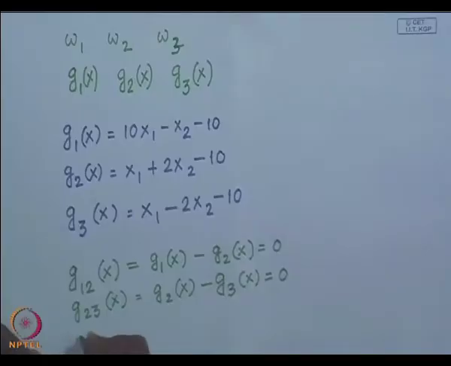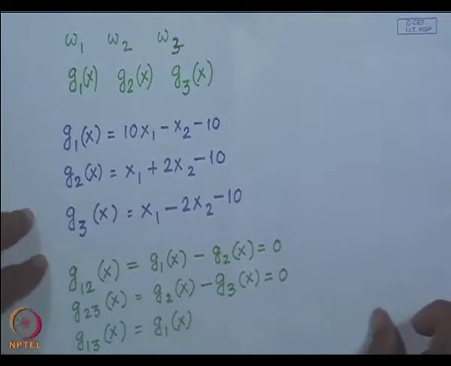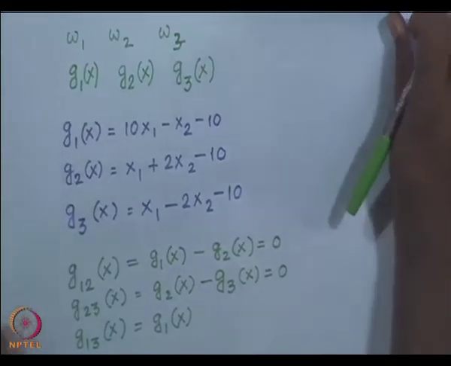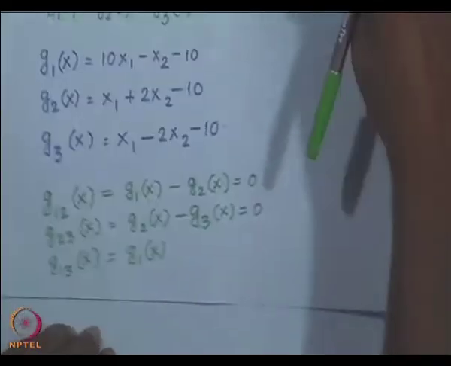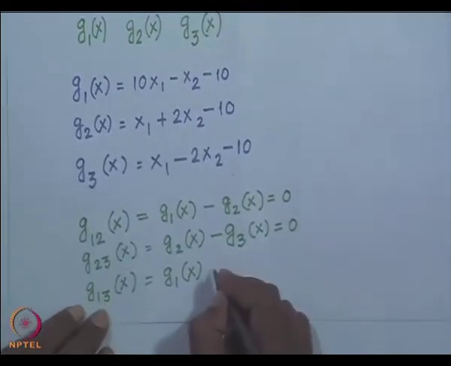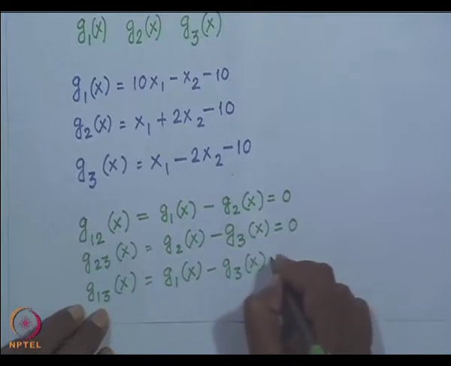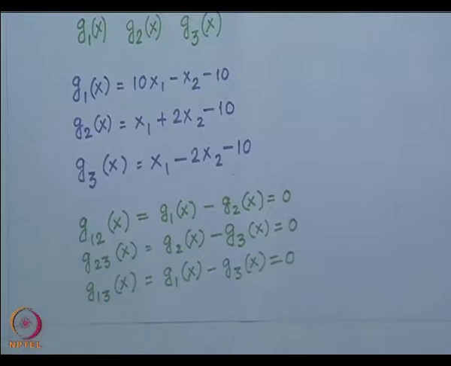Similarly, I will compute g13x, which is nothing but g1x minus g3x, and by equating this to 0, I get the decision boundary between class omega 1 and class omega 3.